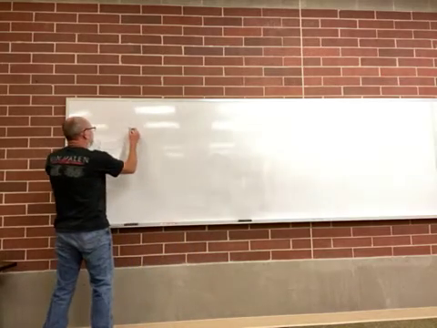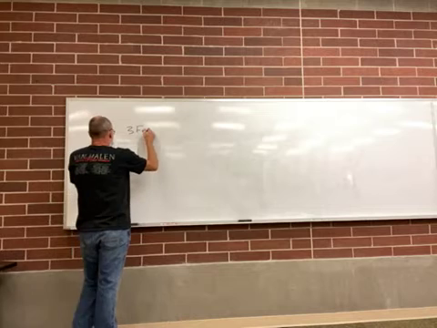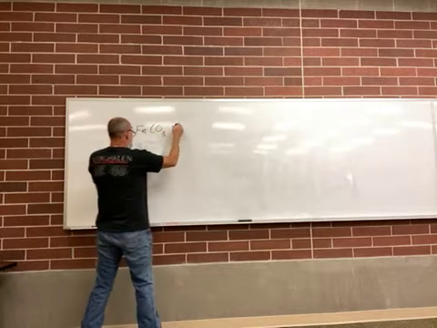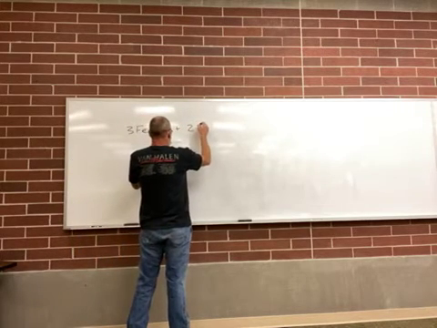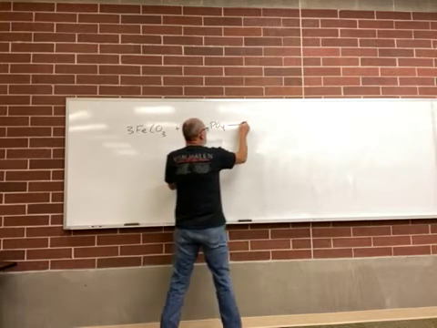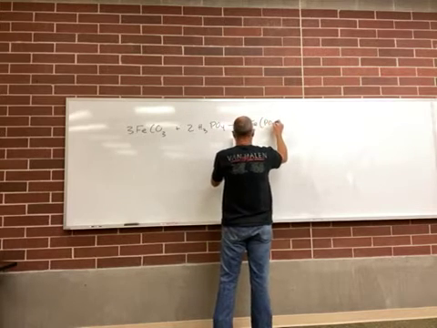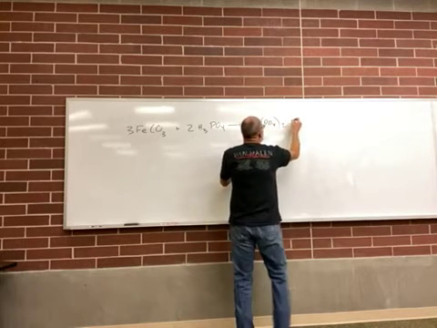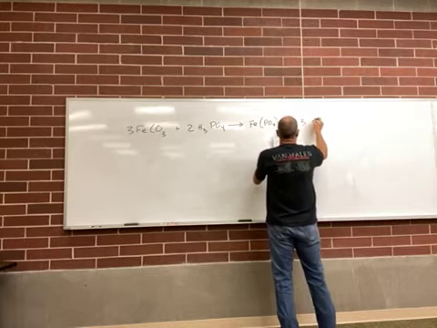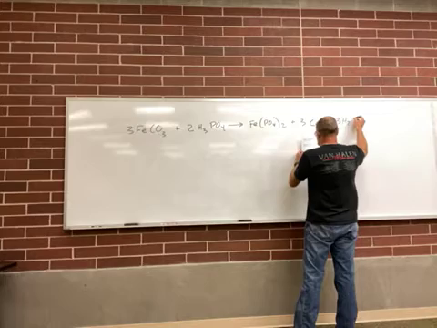I'll just balance it so we don't have to waste time balancing it. 3 iron carbonates plus 2 phosphoric acids goes to iron phosphate, ooh, this is a gas generating one, plus 3 carbon dioxides plus 3 waters.